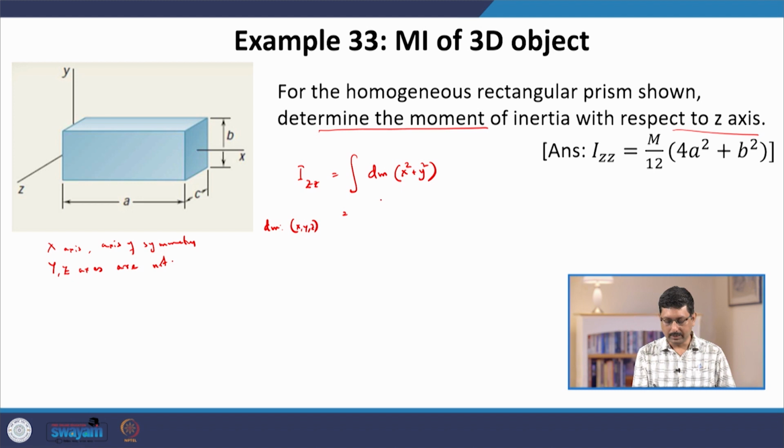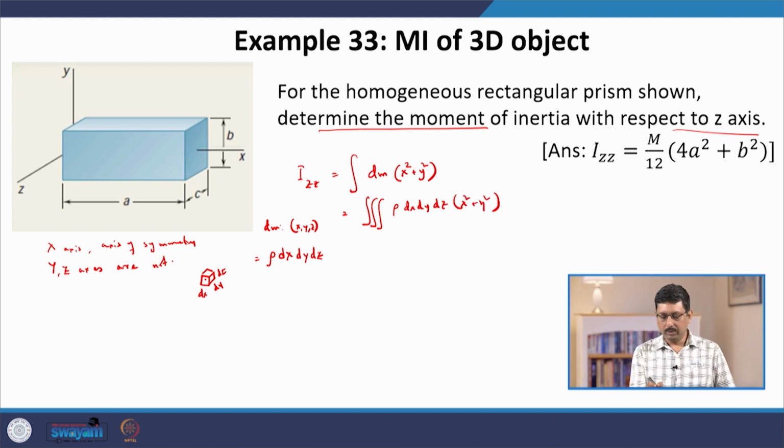Now, this mass element dm, if the density of the material is rho, and the volume of this element, this is a little cubic cell with width dx, height dz and breadth dy. So, the volume is dx times dy times dz, times density gives us the mass. So, then this is a 3-dimensional integral of rho dx dy dz times x square plus y square.